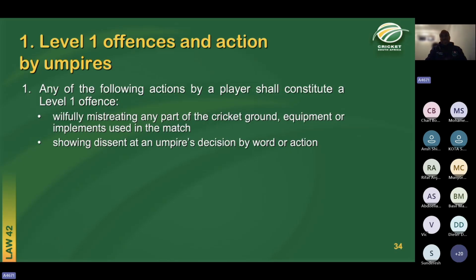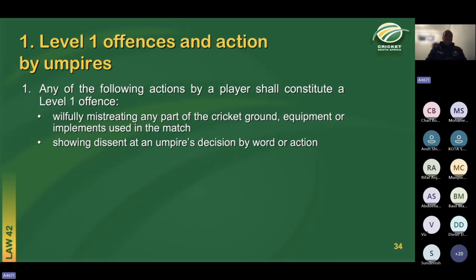Showing dissent at an umpire's decision by word or by action is also considered a level 1 offense. Quite often, if a player gets what he or she feels is an unjust decision by the umpire, if perhaps the striker thought they had got an inside edge and the umpire gave him or her out LBW, of course, we shouldn't be giving players out LBW if the ball hit the bat first before it hit the pad.